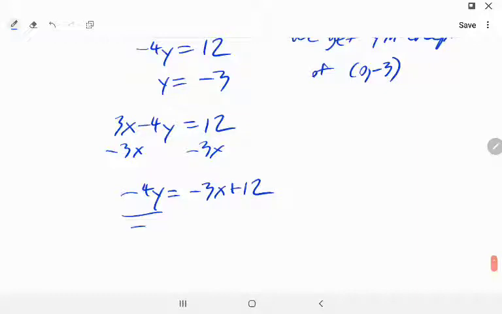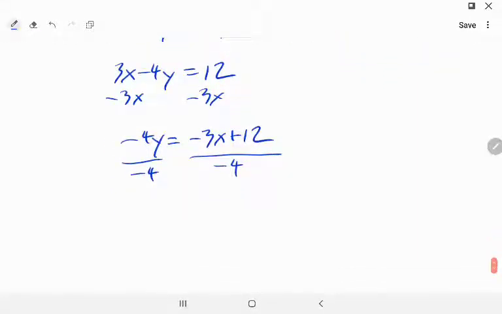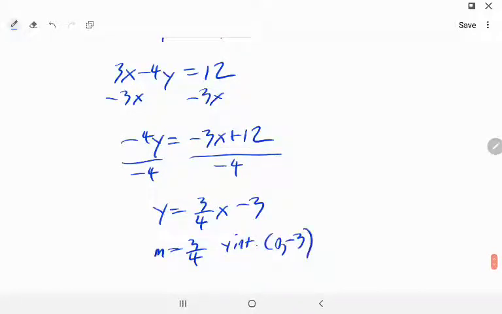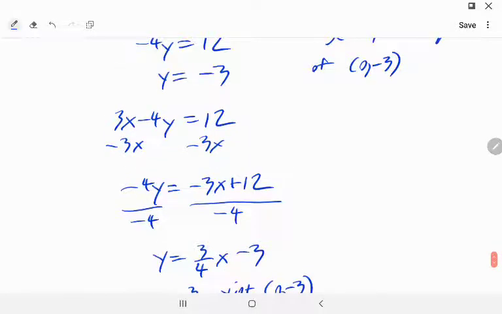If we divide both sides by negative 4, we're going to get y equals positive 3/4 x minus 3. And so we notice that our slope is going to be 3/4, and our y-intercept is going to be at 0, negative 3.